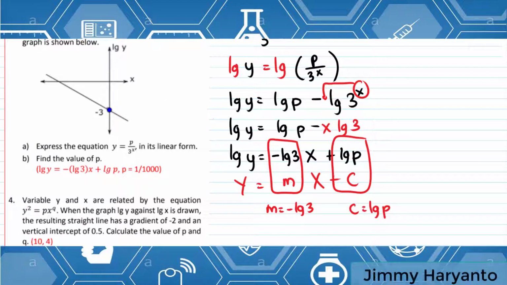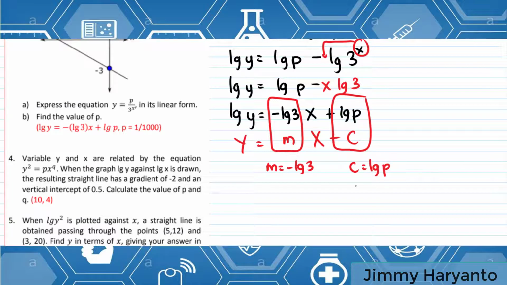As you can see on the graph, you have the y-intercept. Yeah, y-intercept is negative 3, so I can put the negative 3 into the c, LGP. I can get the P by moving LG to the left side, 10 to the power of negative 3, so P will be 1 over 1000.